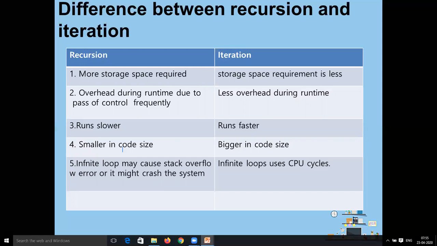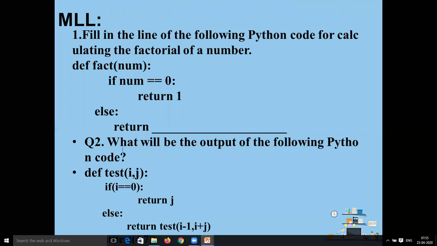Okay, so this is the difference between recursion and iteration, and from this we can very well conclude that recursion should be used only when the iteration becomes very complex. Otherwise we should avoid recursion. We should use iteration only. Okay, so this is all about recursion.